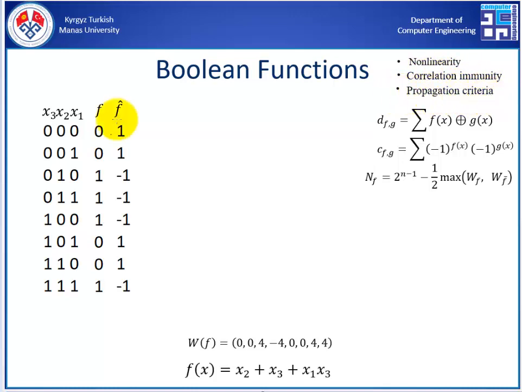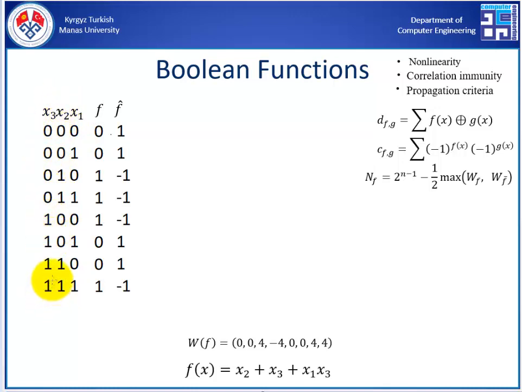The correlation immunity means that there should not be any correlation of output bits, which are given by this truth table, with the input bits x1, with the input bits x2, and with the input bits x3.